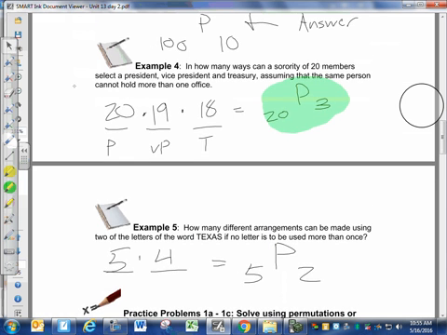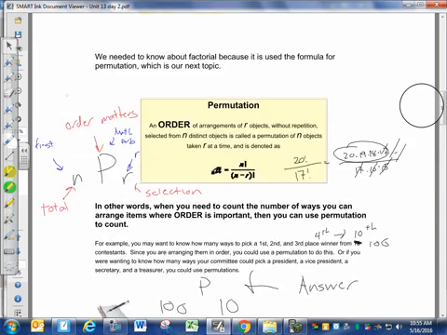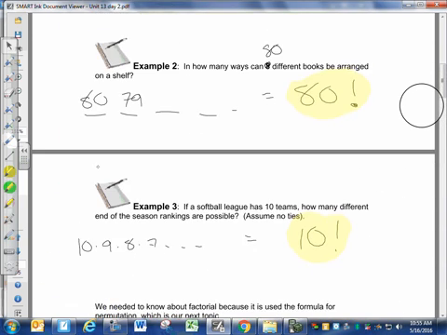Cool? Okay. Now, what also is cool is that this notation could be used for a factorial.